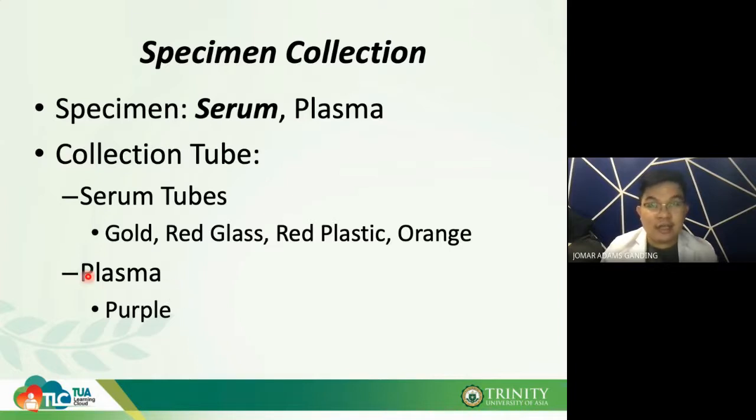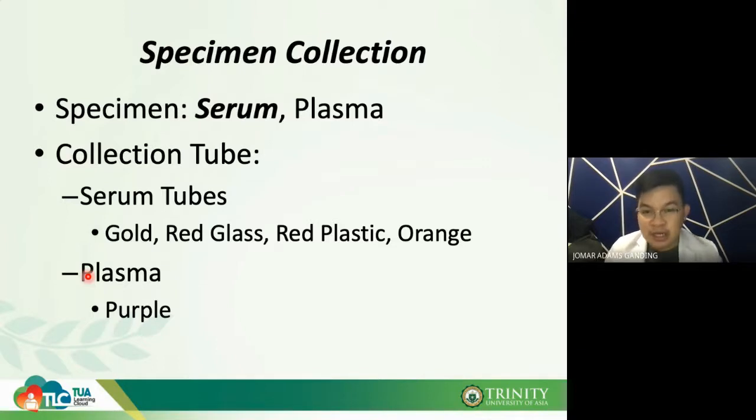So if you remember in your pre-test a while back, you can use plasma as your specimen for cholesterol measurement. And when it comes to serum tubes, the most commonly used in the laboratory are red top tubes or gold top tubes.